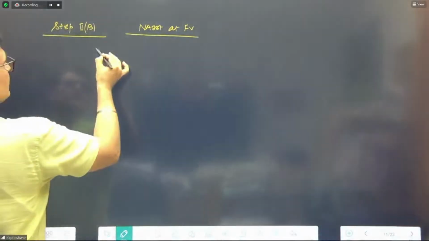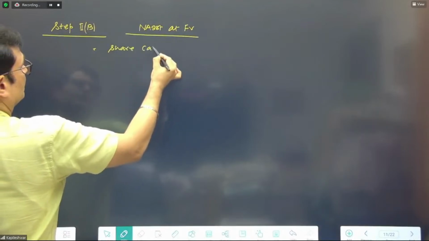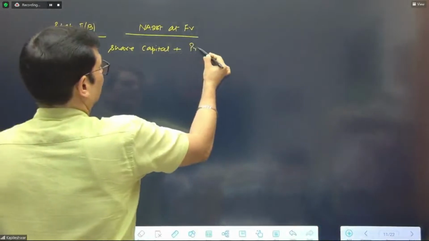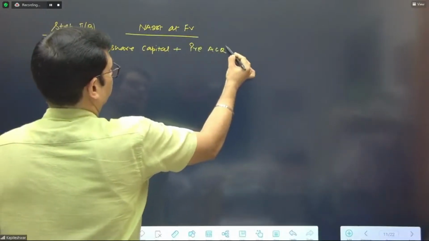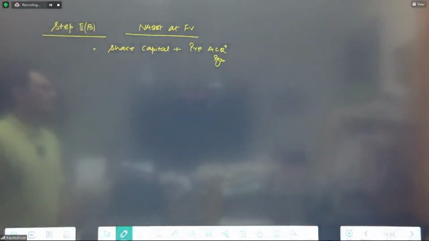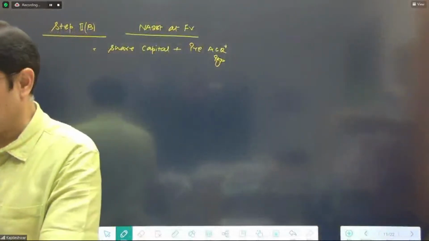So we need to basically take the sum total of the share capital plus the pre-acquisition profits, which we've got in the analysis.